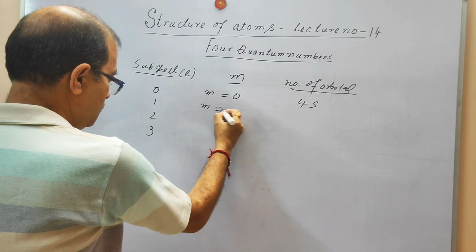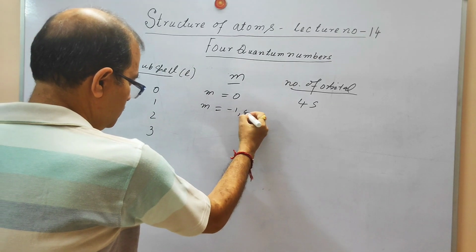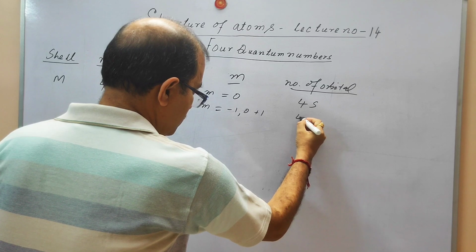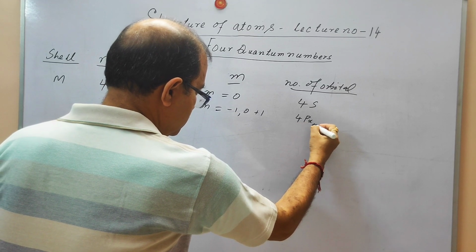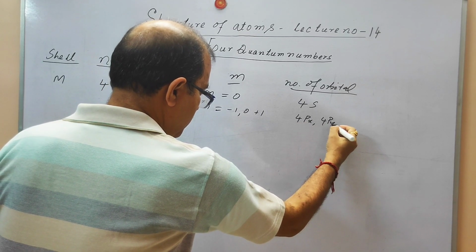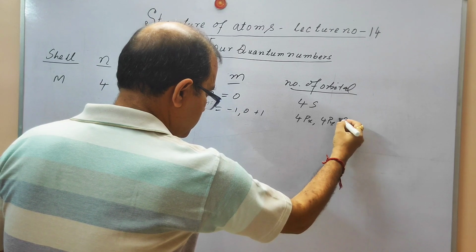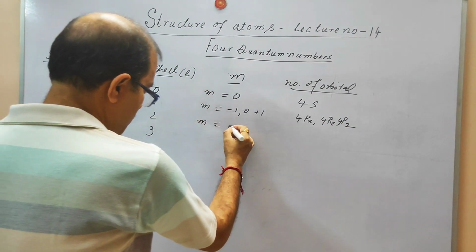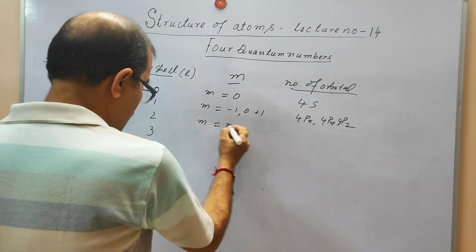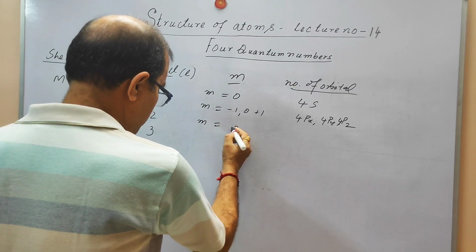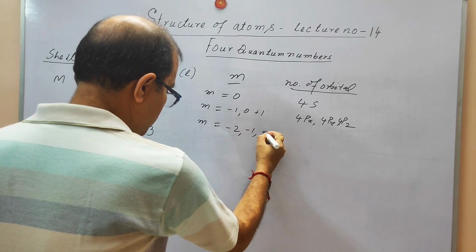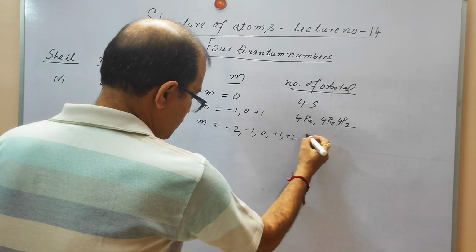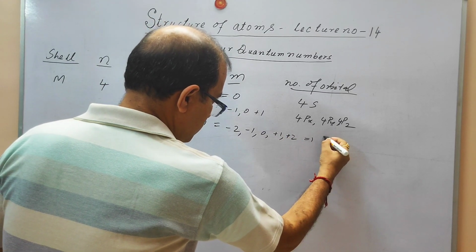When m is equal to -1, 0, 1, it will have 4px, 4py and 4pz. When l is 2, m is -2, -1, 0, +1, +2.